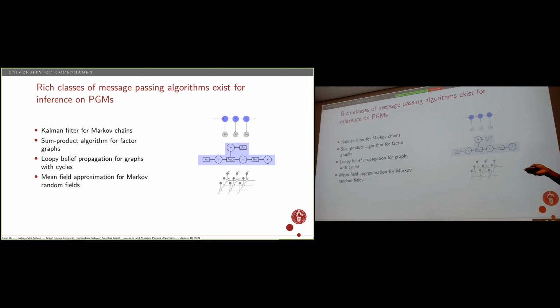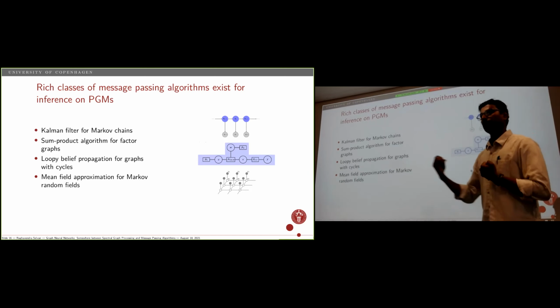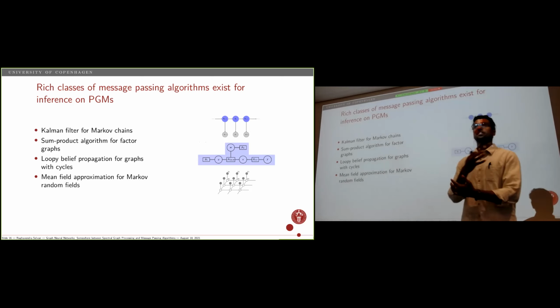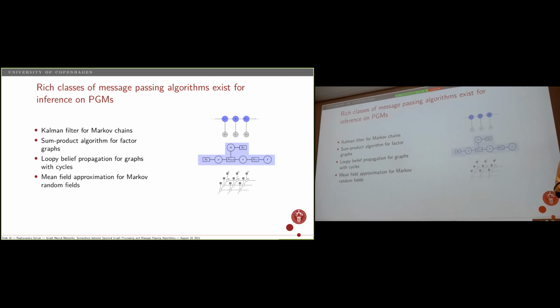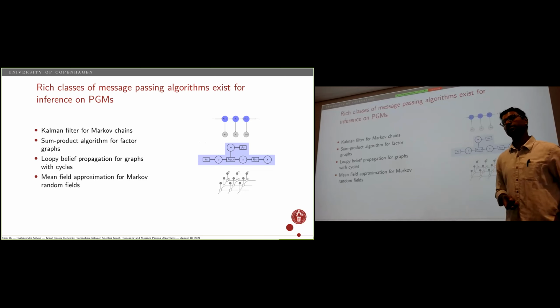Now, all this is to say, can we formalize the connection between GNNs, which are also passing messages between nodes and then edges and then edges and then nodes, and these rich classes of message passing algorithms? I think we tried doing this in one of our works, but it was more of an empirically proven solution.